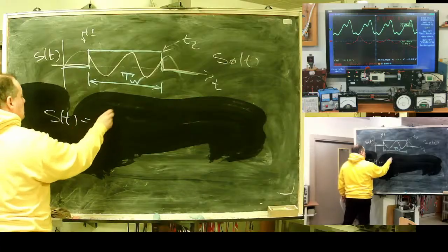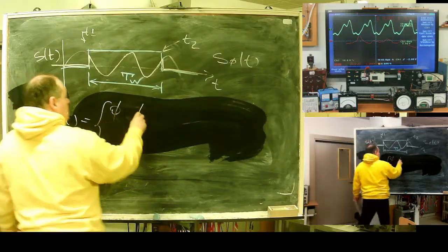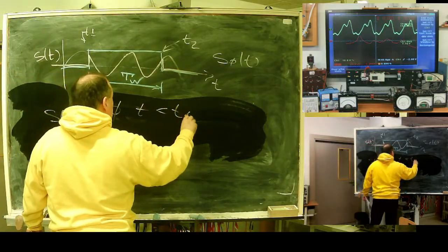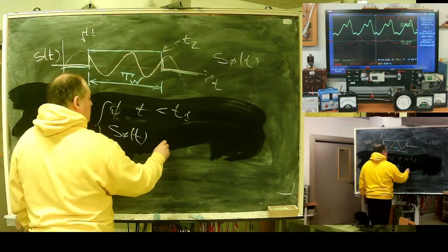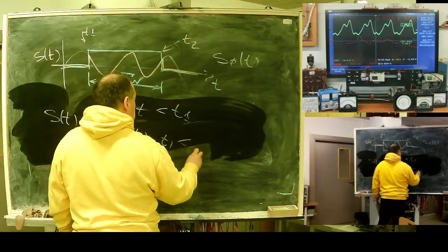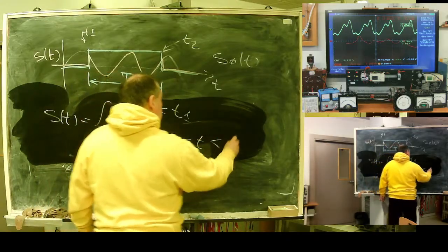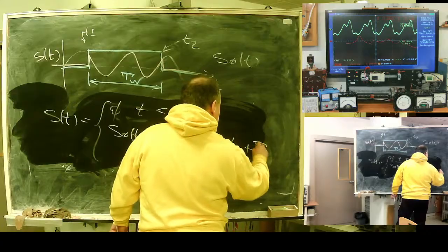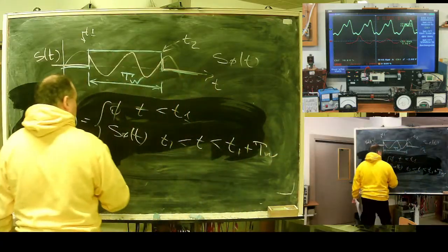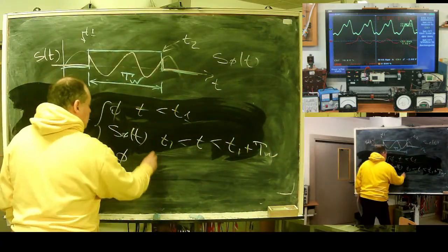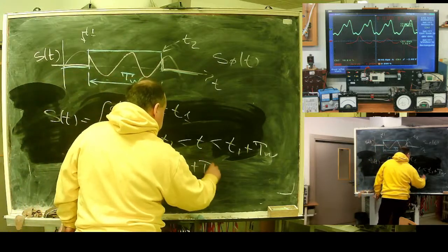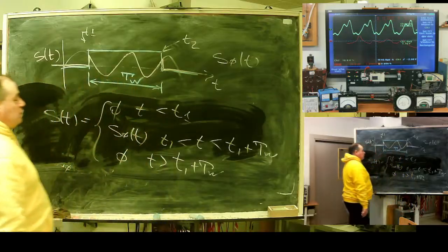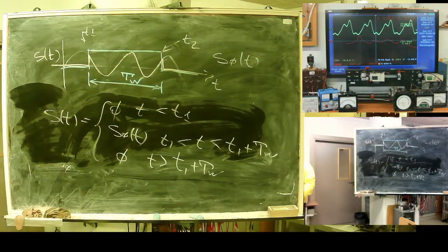Our observed signal is 0 when time is less than T1, S0 from time T1 to T1 plus TV, and again 0 when time is greater than T1 plus TV. That's what we are dealing with.